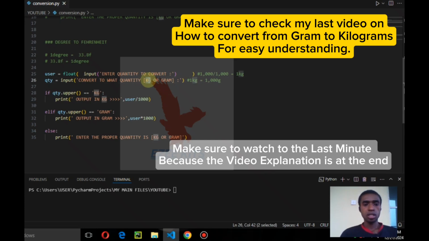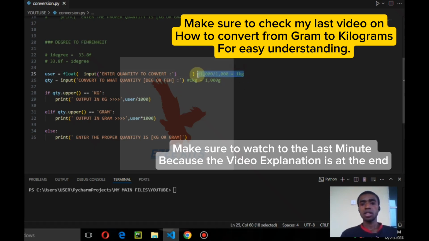Let's say degree, or let's just leave it Fahrenheit. So let me set this to D, which stands for degree, and FE, which stands for Fahrenheit.